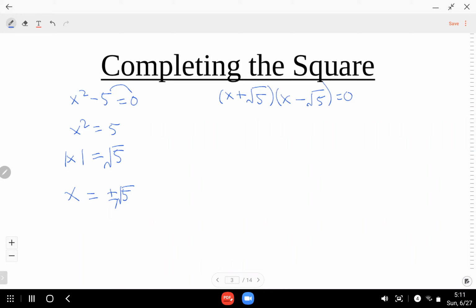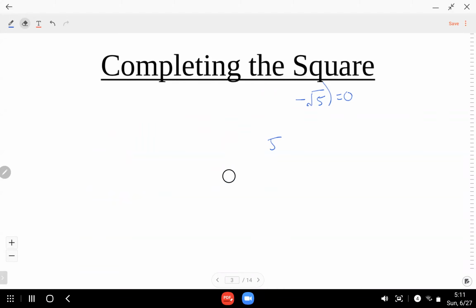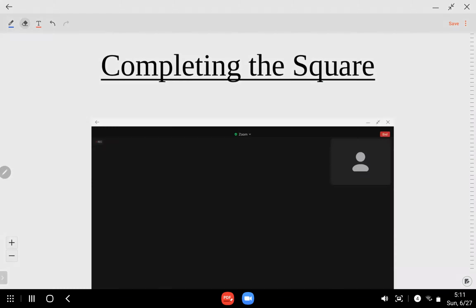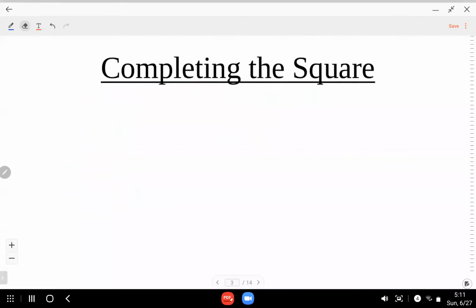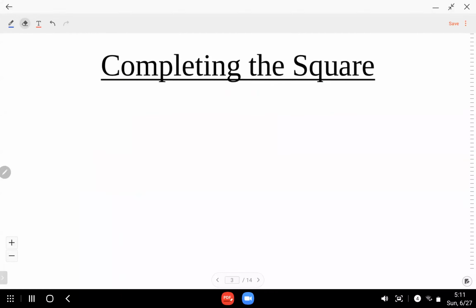And then you assume that a or b equals 0, so basically x minus square root of 5 equals 0, or x plus square root of 5 equals 0, so you get the answer x equals plus minus square root of 5. Okay, it's the same answer, but this way is better. It's faster in this scenario. Well, they're both pretty fast.